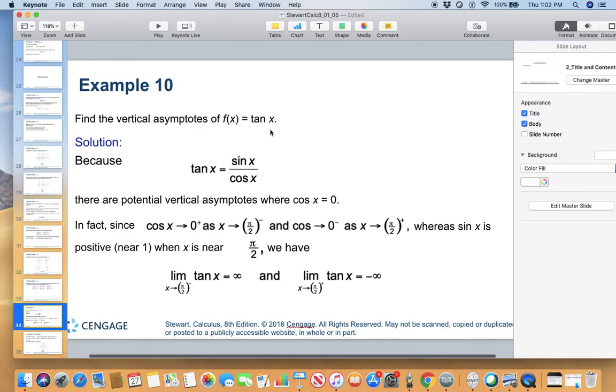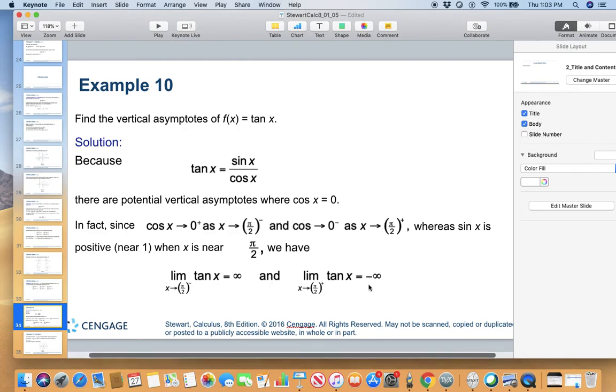Here is an example of tan x. Tan x is sine over cosine. You know cosine is 0 when x is pi over 2. So you're taking the left-hand limit and right-hand limit of tan, and you get one of the infinities. All right, so this is important.